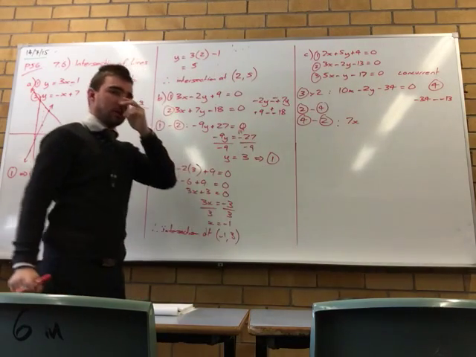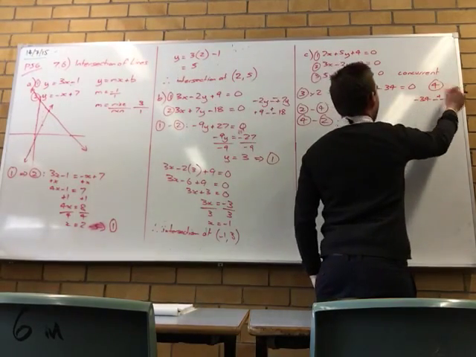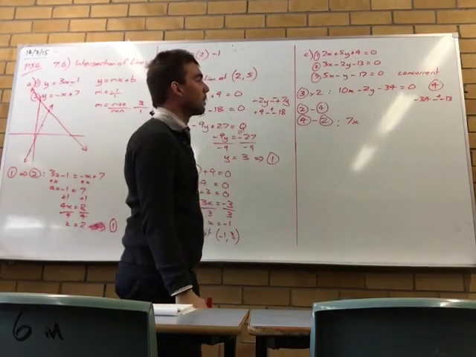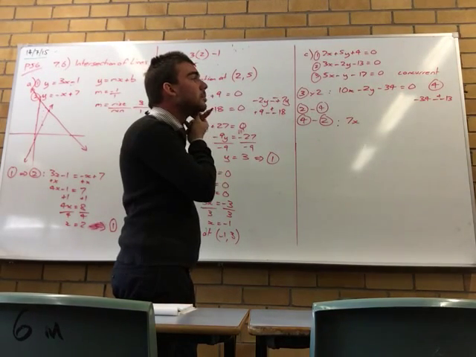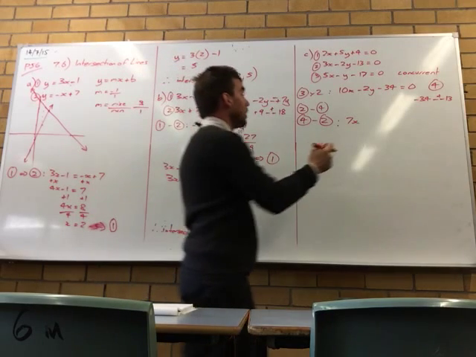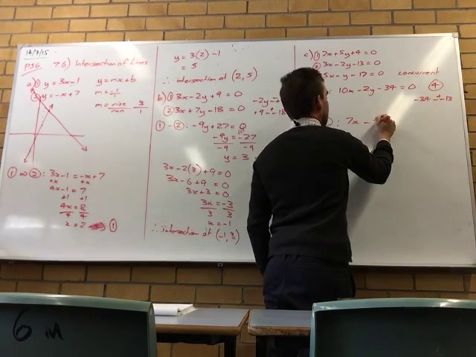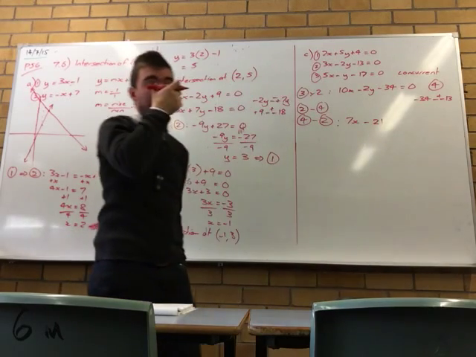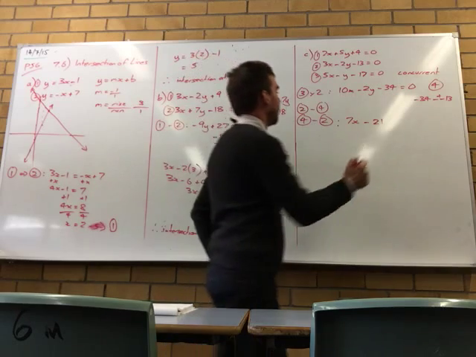Okay, you've got to watch your signs here. So the two negatives make a plus. 7x, so negative plus 13, so it becomes a negative 21. So negative 34 plus 13, negative 21.